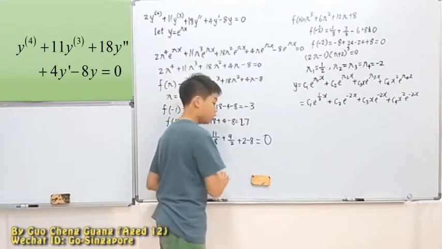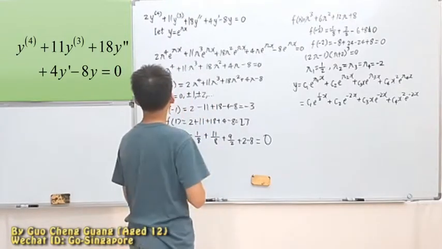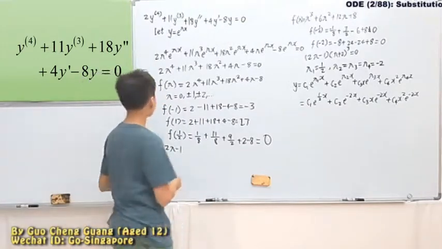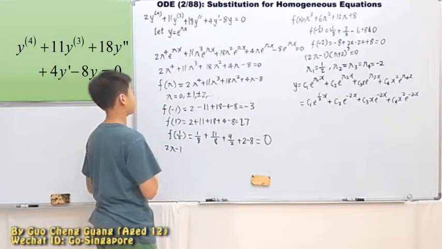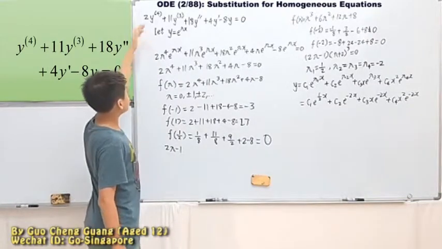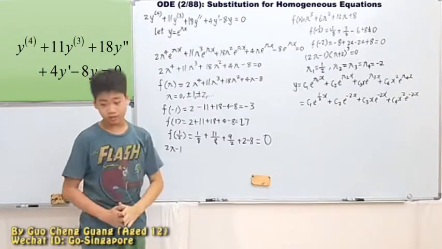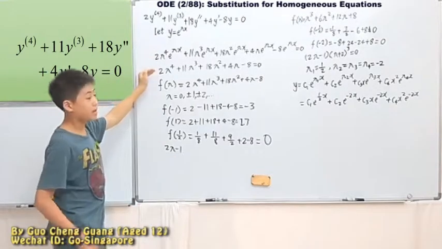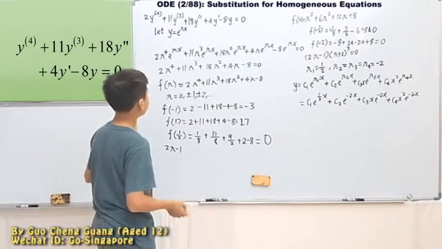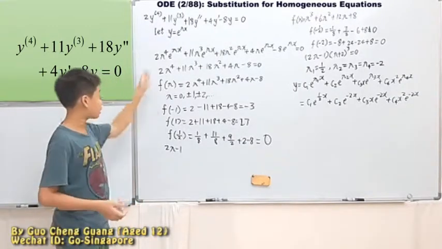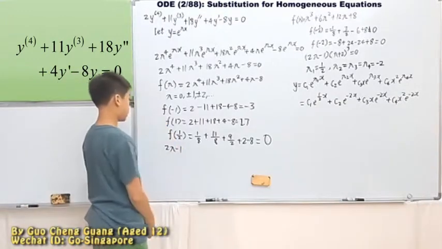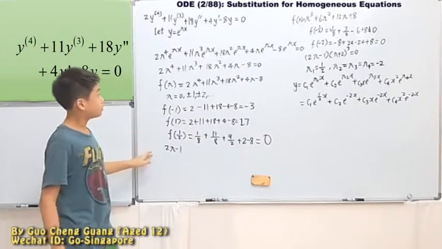Okay, so let me just tell you the steps that I've used. So firstly, I made a substitution so that I can get this characteristic equation that I wanted over here. But when you just sub this inside, you have to make a simplification. You simplify, then you can get the characteristic equation. But then you want to factorize this equation that you get. So I use the factor theorem and try.